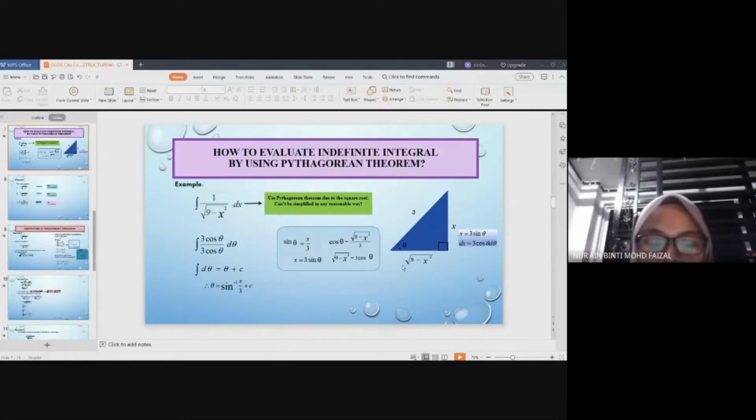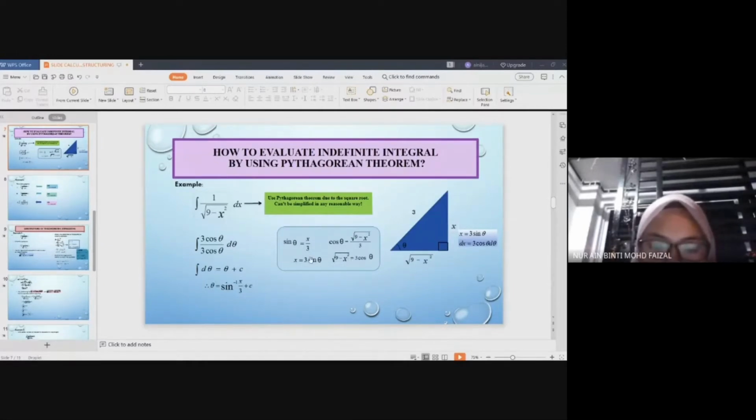How do we decide this side becomes the square root of 9 minus x squared? We use the Pythagorean theorem formula, which is a squared plus b squared equals c squared, and then you just substitute the values and you will get the answer.